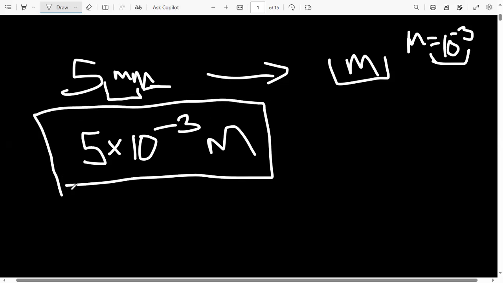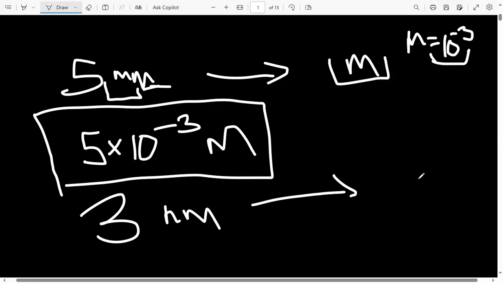What if I have, let me not use milli, let me use nano. What if I have 3 nanometers and I want to convert to meters?